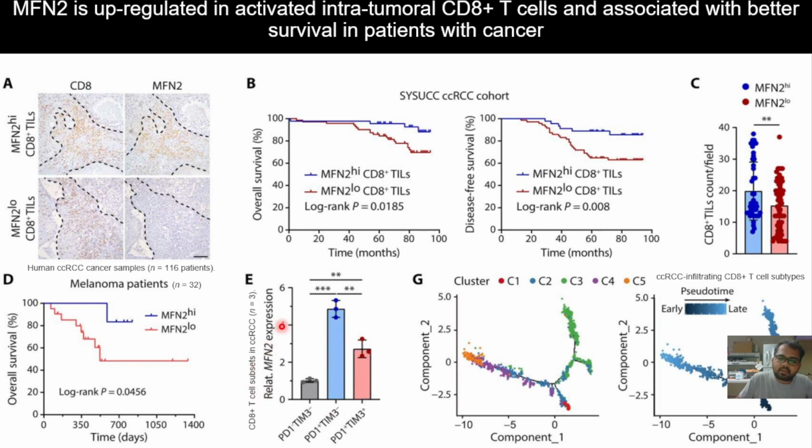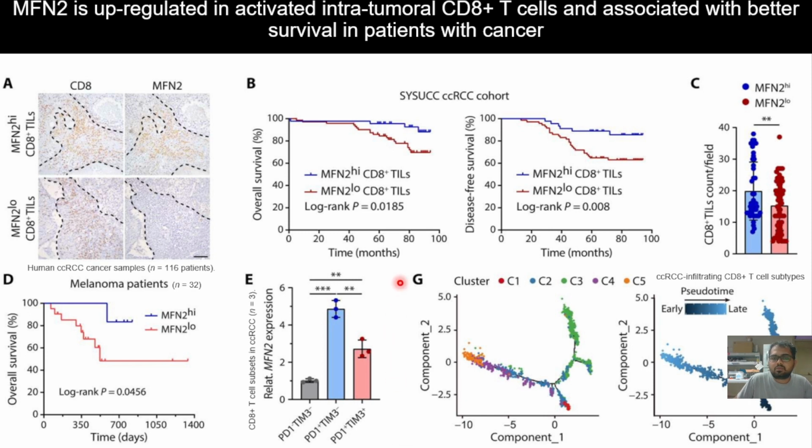And they probed for the expression of MFN2, and what they found is that when the T cells are activated, MFN2 expression increases, and when the T cells are exhausted, MFN2 expression decreases comparatively. So they correlated the expression of MFN2 with the activation of CD8 T cells.